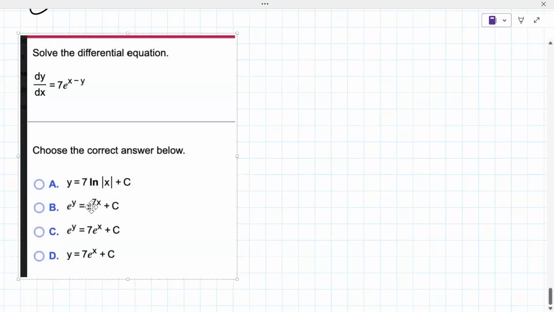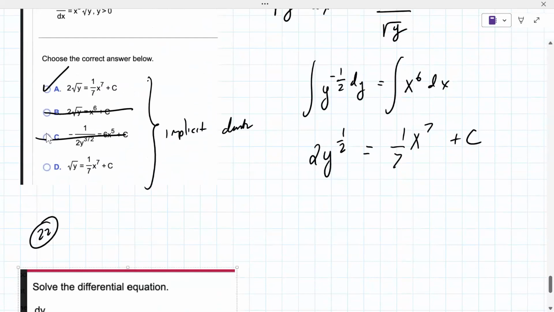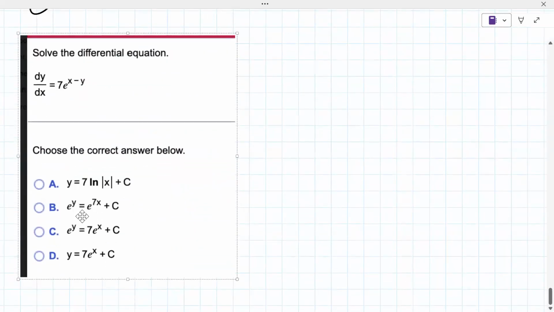If you notice that a couple of answers are the same, probably go in that direction. It's probably B and C, probably. That's another thing here.